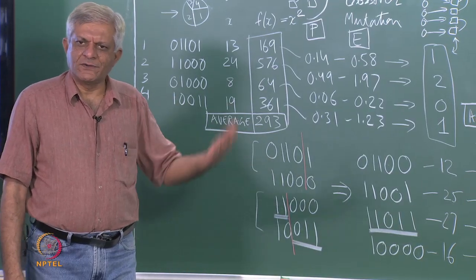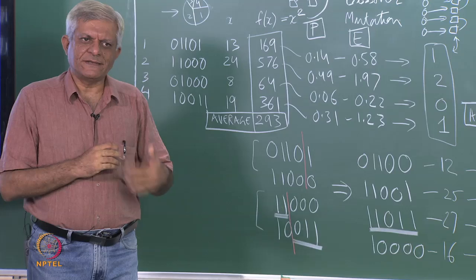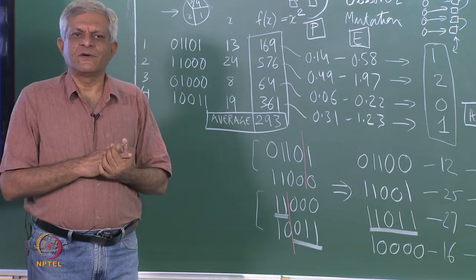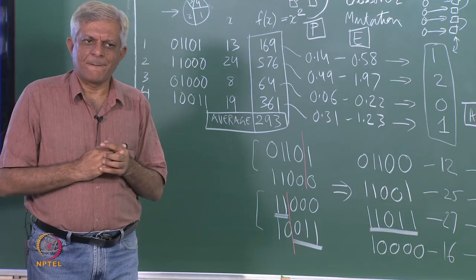What will happen if I continue this cycle? What is the solution that I am looking for? 5 ones. So, if I run this algorithm, let us say for 100 cycles, what does the intuition say? Will I get that or not?